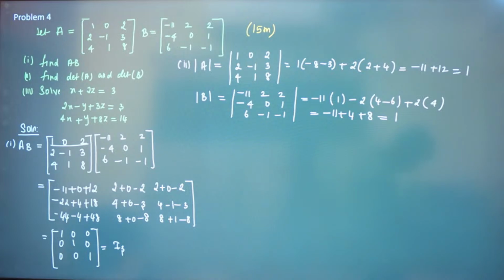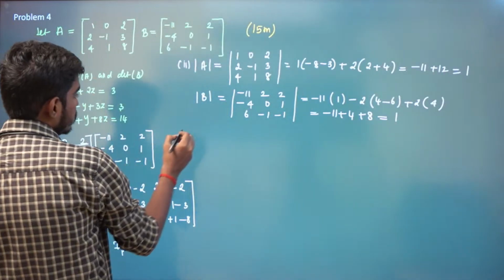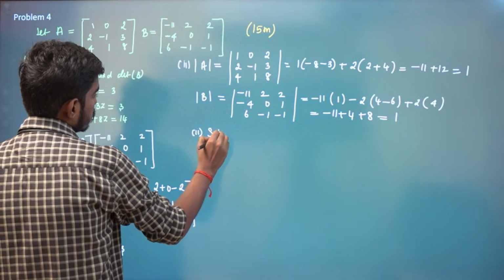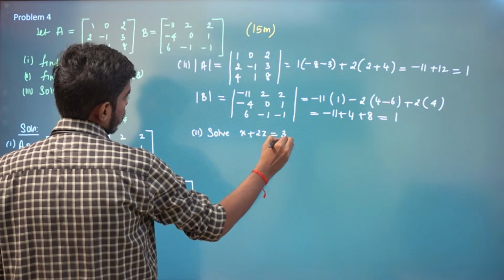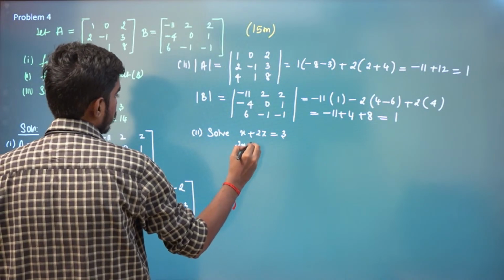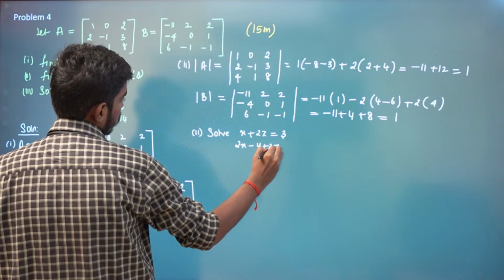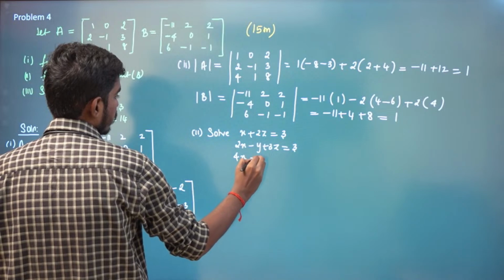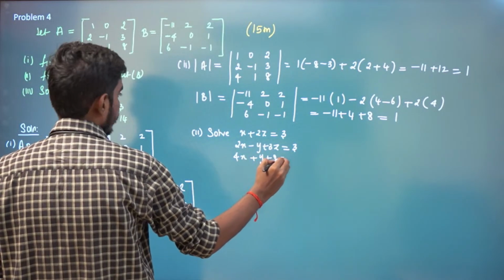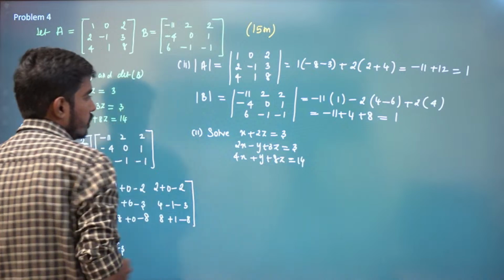The second thing is we need to solve the system of equations. Okay, so we'll do that. Now we'll just solve the system of equations: x plus 2z is equal to 3, 2x minus y plus 3z is equal to 3, 4x plus y plus 8z is equal to 14.